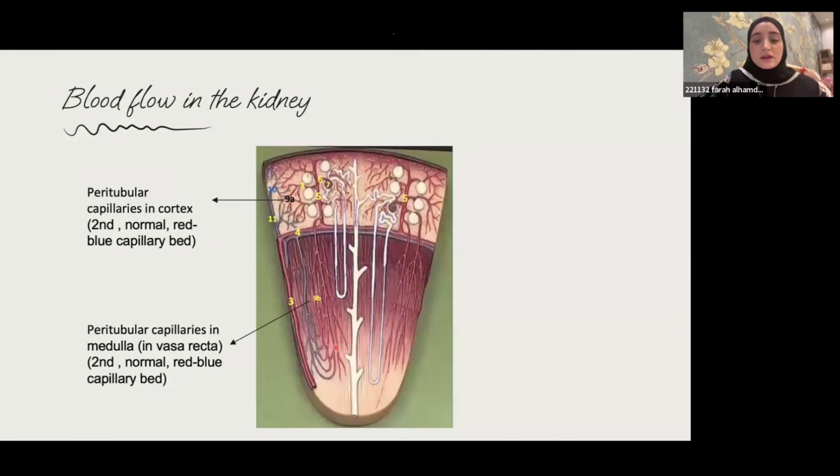So we call it vasa recta. We also call the venules here vasa recta. And here it's a normal red to blue capillary bed. So does everyone understand the difference between the two capillary beds we have? Yes, okay.